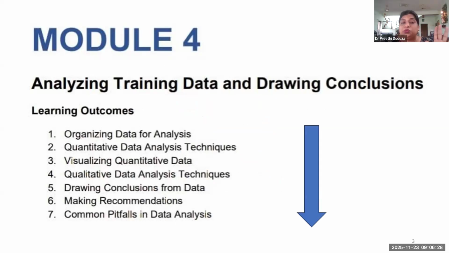Qualitative data you cannot visualize, you have to only explain. Fifth is drawing conclusions from that data. Sixth, how do you make recommendations? And what are the major drawbacks or mistakes that people make when doing data analysis? This is how the entire module goes.